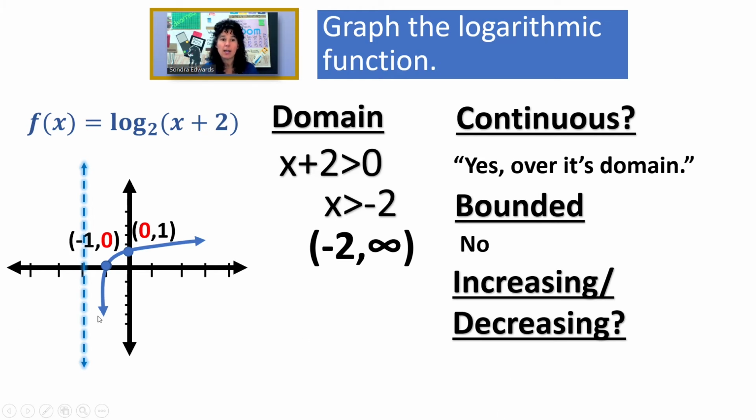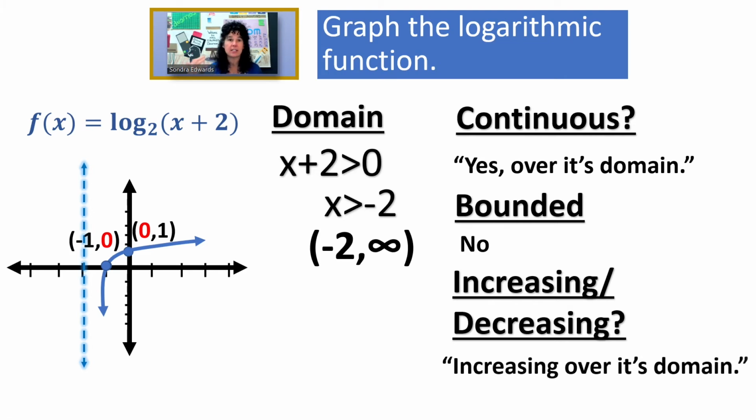This particular one, as I move my eyes from left to right, as I jump on that curve, see how my eyes go up, up, up, up forever. This one is all increasing. Okay, so they're either going to be all increasing or all decreasing. Fancy word for that is monotonic.